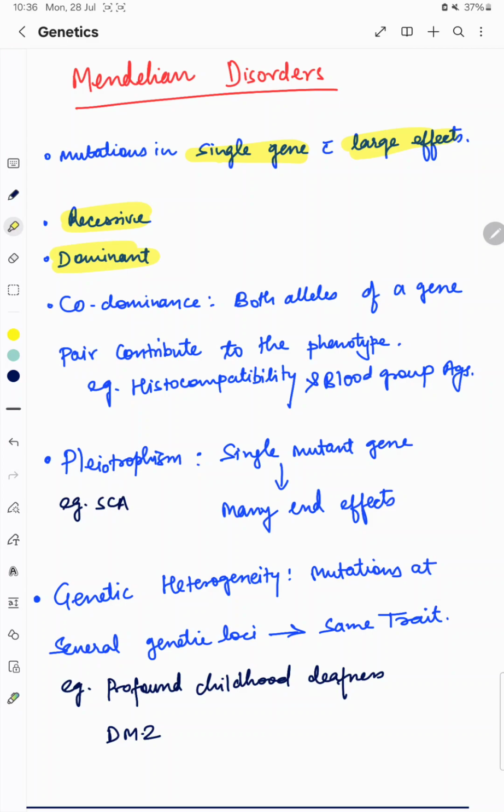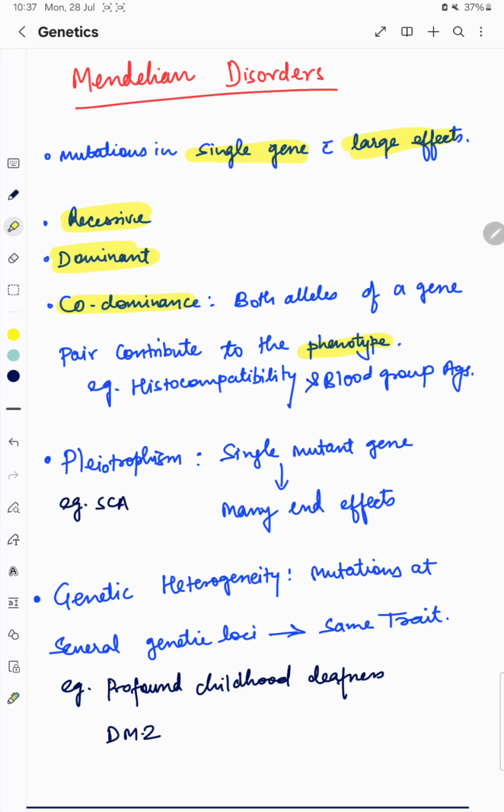There are certain definitions that we need to understand before going deep into Mendelian disorders. First is codominance, when both the alleles of a gene pair contribute to the phenotype. Phenotype is the clinical expression of any genetic disorder.